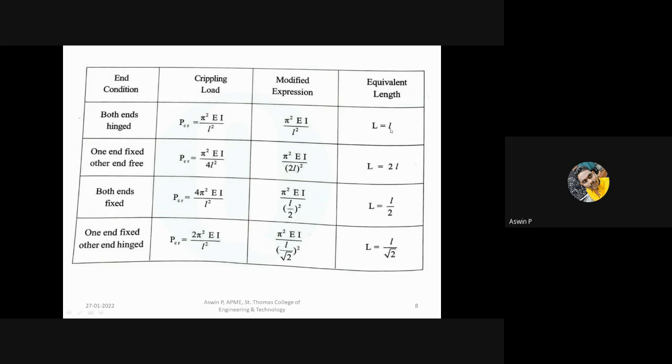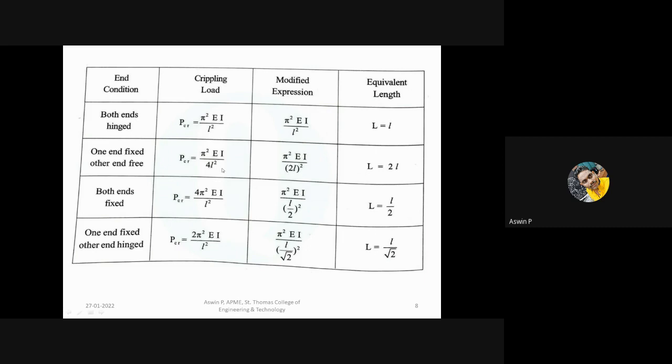Equivalent length is L equal to small l. In the second case, pi square EI divided by 2 into small l square, where capital L is LE actually. We can write LE square everywhere, but LE equal to 2L. When you are substituting that 2L here, you will get 2L square.